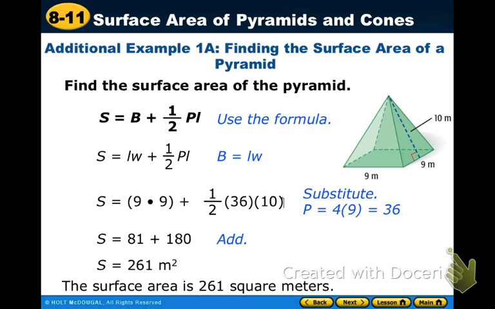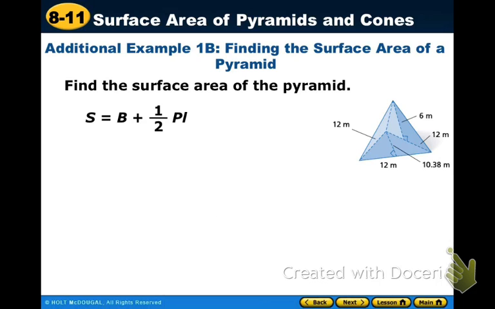Okay. What if our base is not a square? So this is still a pyramid. It would be a triangular pyramid because you name it for the shape of the base. In this case, we have the area of the base, which would be given by this 12 times this height of this, and then divide by 2.